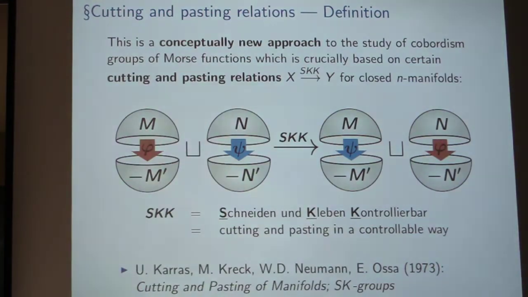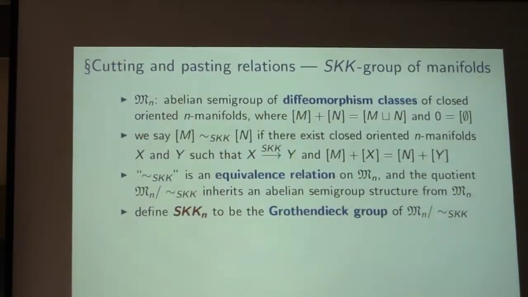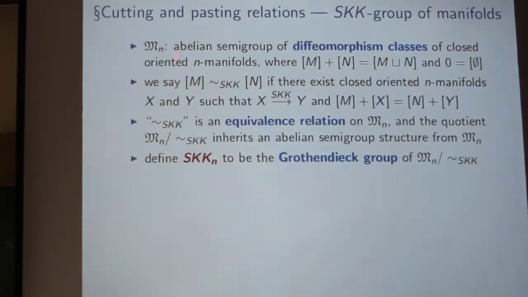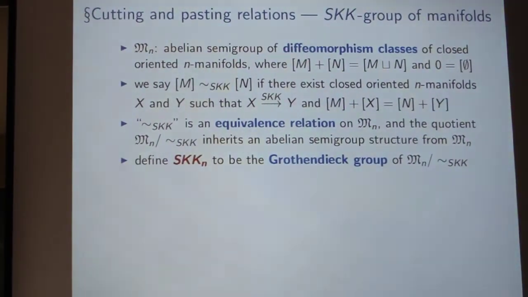What can you do with this? It's not an equivalence relation, but you can define something. You start with the abelian semi group of diffeomorphism classes of closed oriented n manifolds. So you can add them by using the disjoint union. You can have an identity element, but you cannot subtract them.